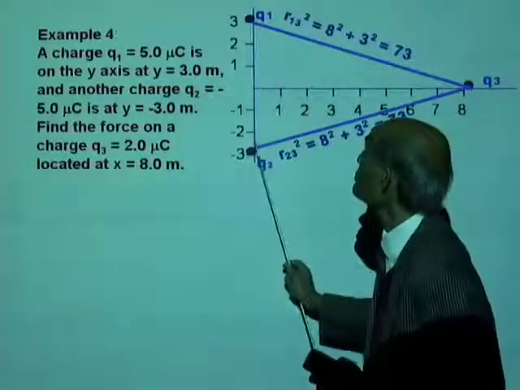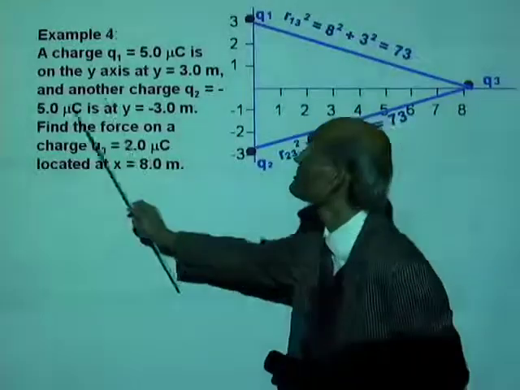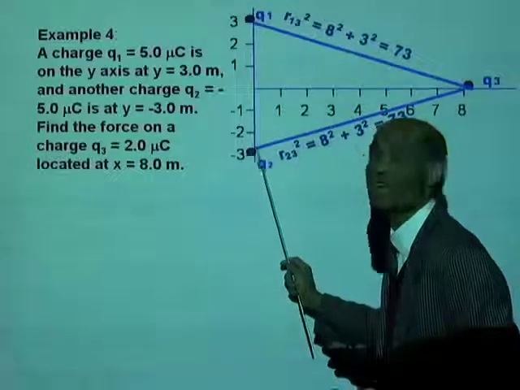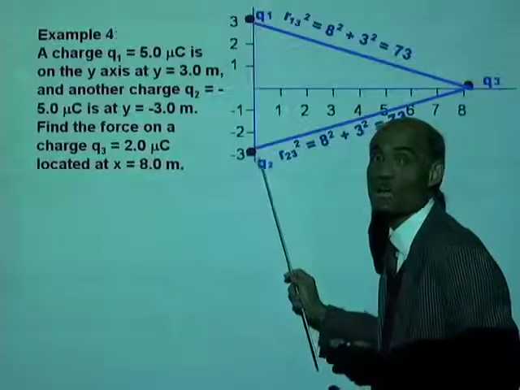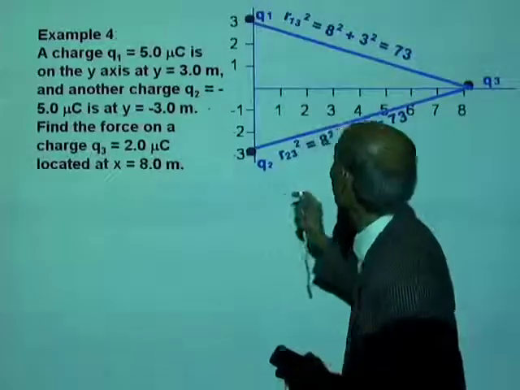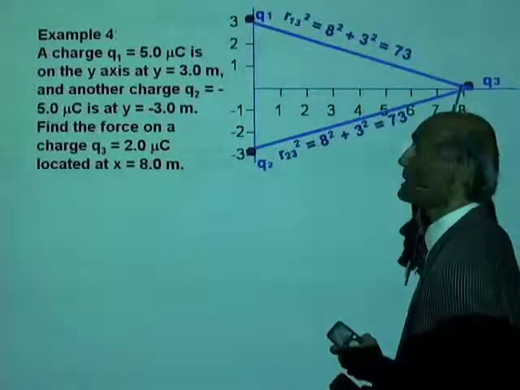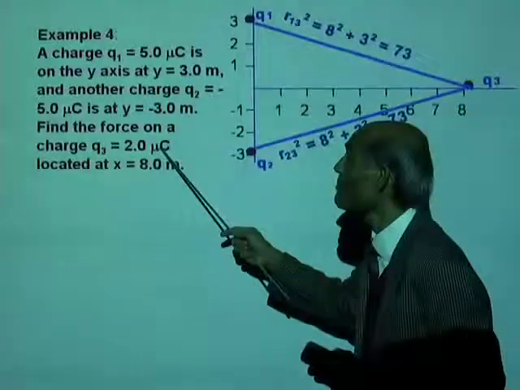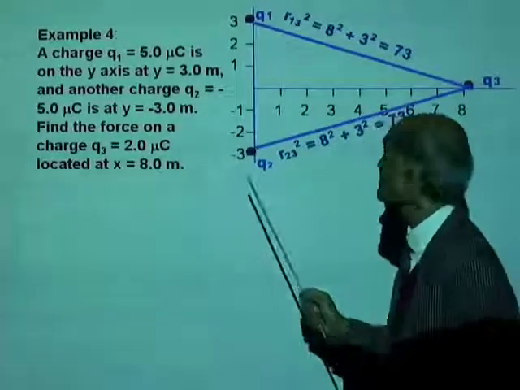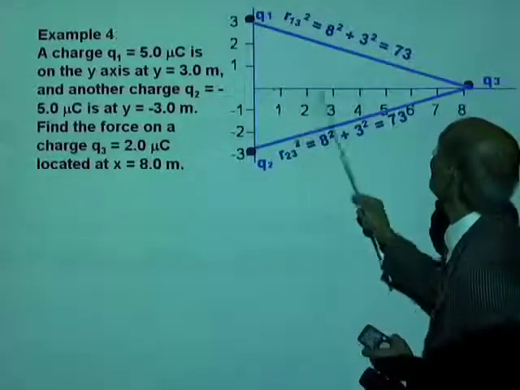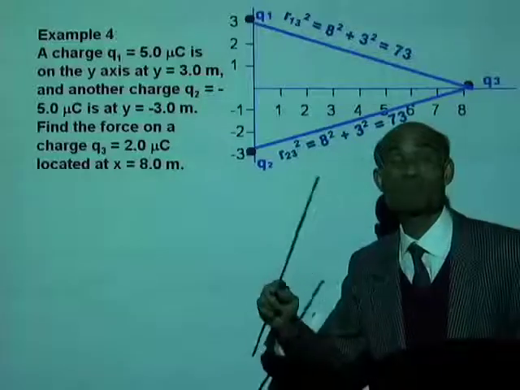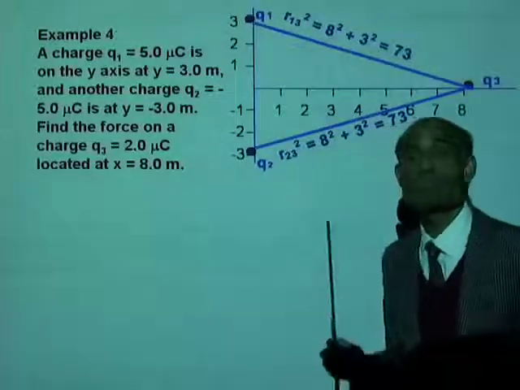And the charge Q2 equal to negative 5 microcoulomb is at y equal to negative 3. This is my charge Q2. Find the force on a charge Q3 equal to 2 microcoulomb located at x equal to 8 meter. There you are. Alright, we will use the same argument like the one we used before.